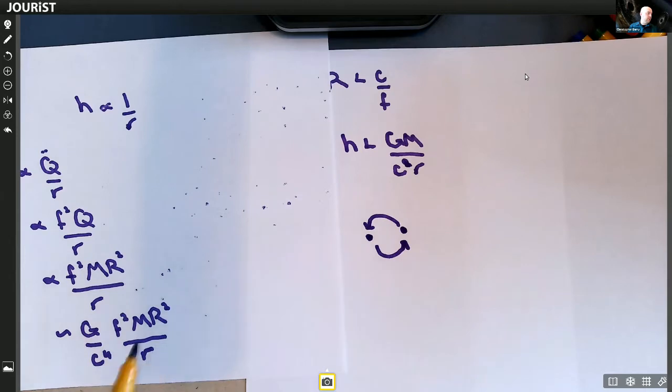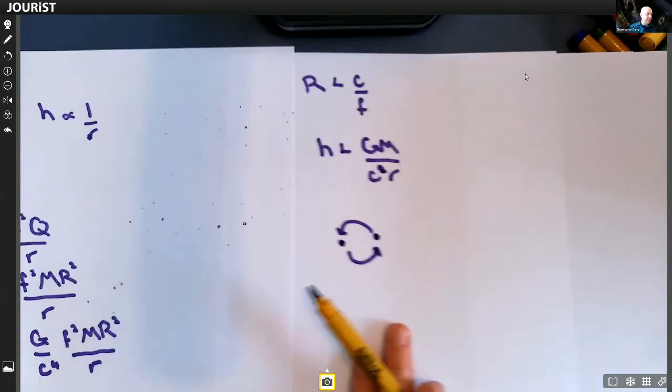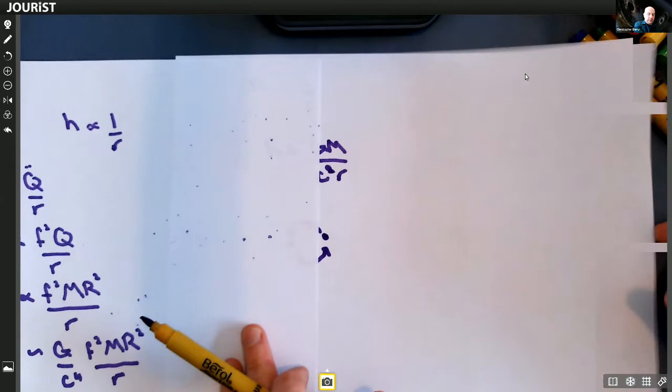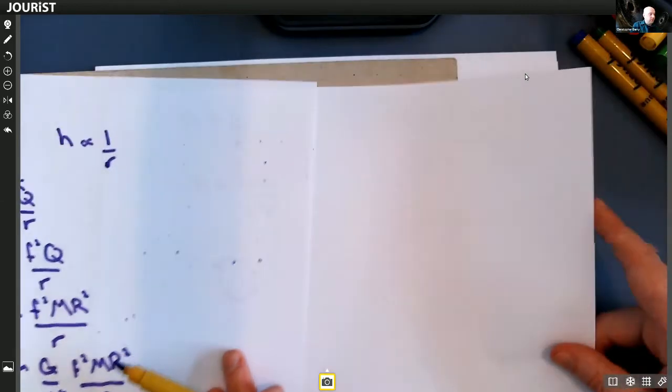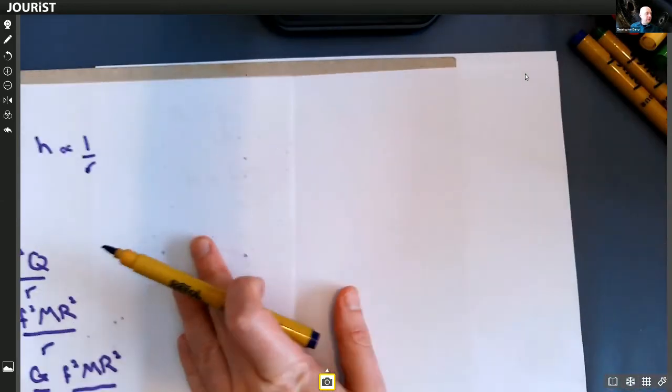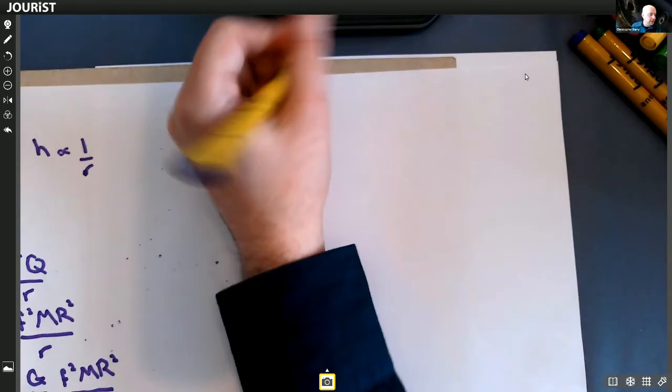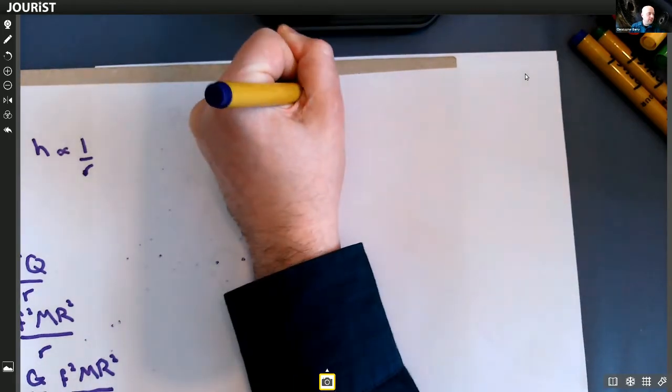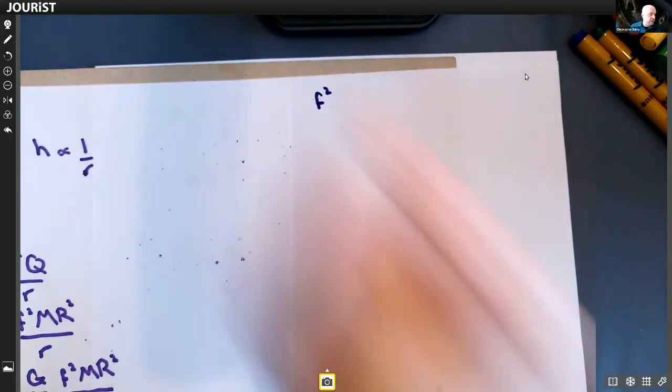So R can be small, which is bad, but that means the frequency will be high, which will be good. So let's take a look at this balancing act that we have. Just going on something approximate and using Kepler's laws. Kepler's laws, maybe not the best thing for a relativistic problem.